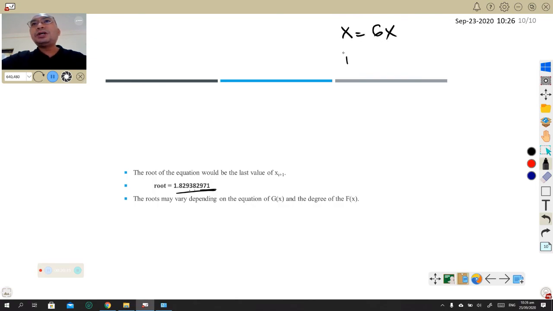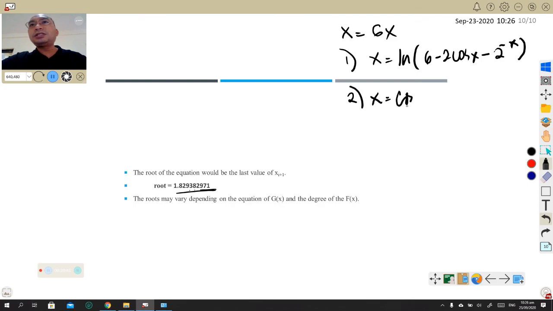Our first equation is x equals ln of 6 minus 2 cosine x minus 2 raised to negative x, and the other one is the equation x equals arccosine of 6 minus e raised to x minus 2 raised to negative x, all over 2.